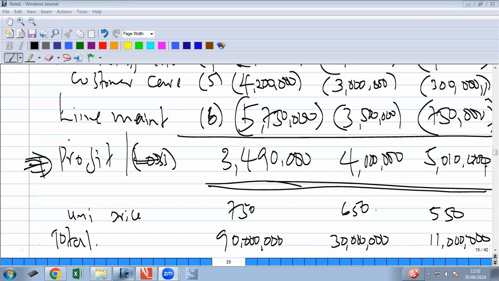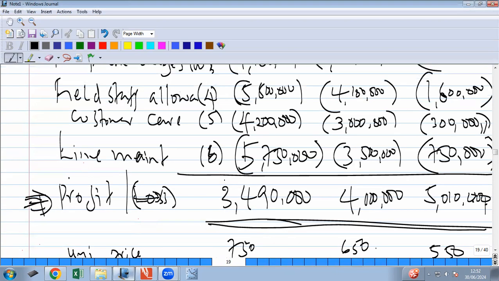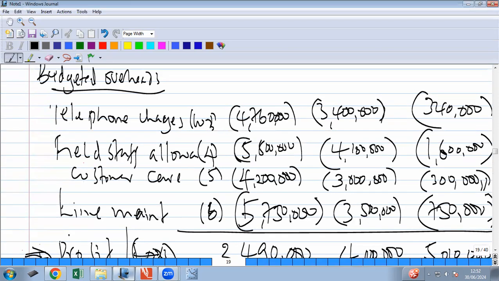Now, first of all, profitability losses always have issues in costs, right? So always come and look at these costs here. You can see that under industrial, in telephone charges, they're incurring 469, which is higher than the rest of the customers, right?